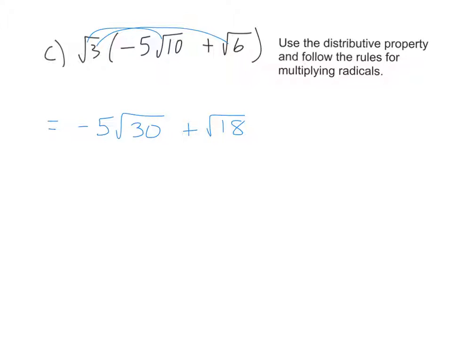So you just do both of those multiplications. And then simplify if you can. 30 does not have a perfect square factor. No, but 18 does. So this will become negative 5 root 30 plus 18 turns into 9 times 2, so 3 root 2.